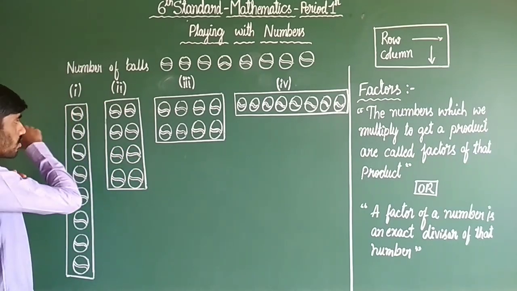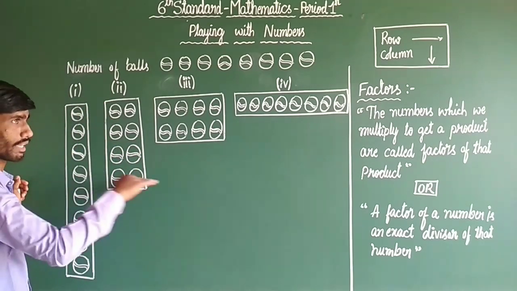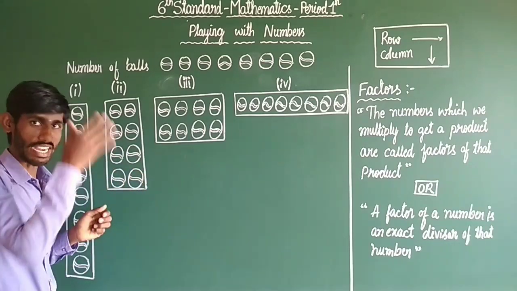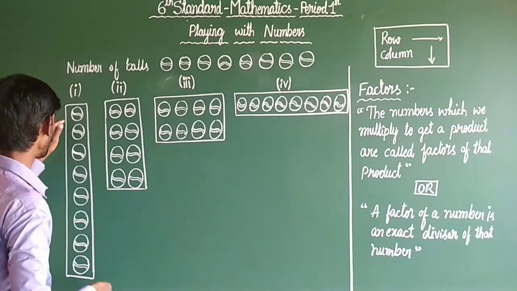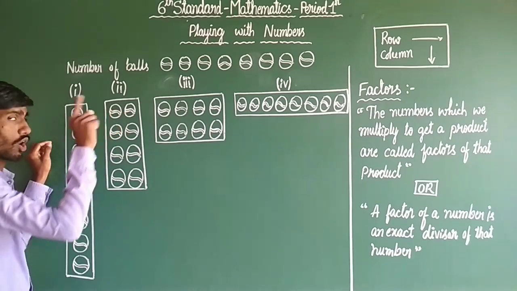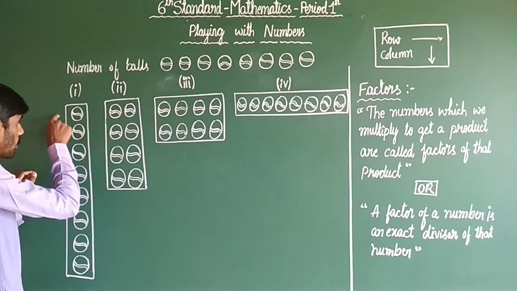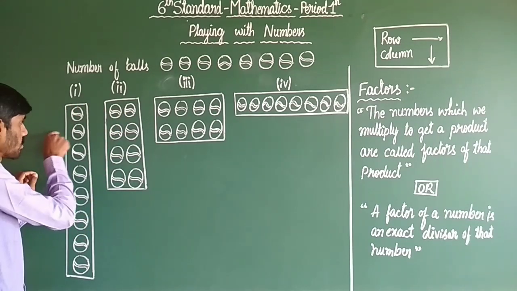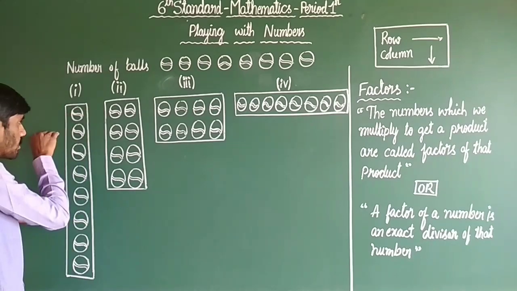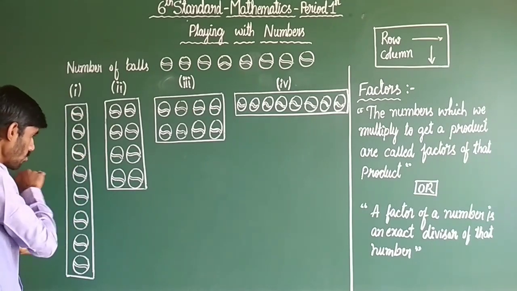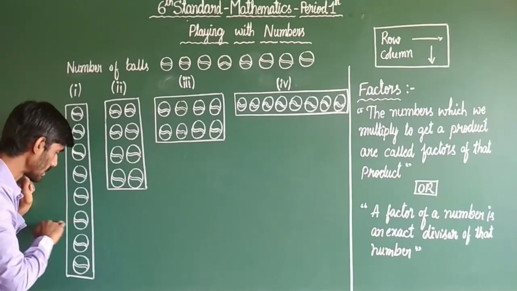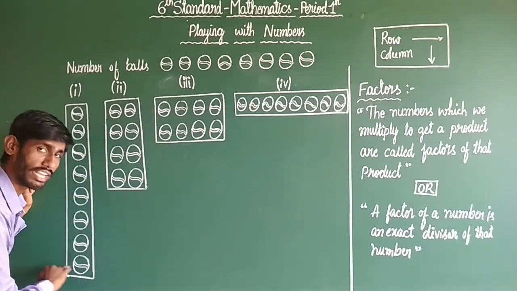This is a row, the sleeping lines we call rows. The standing line is a column.